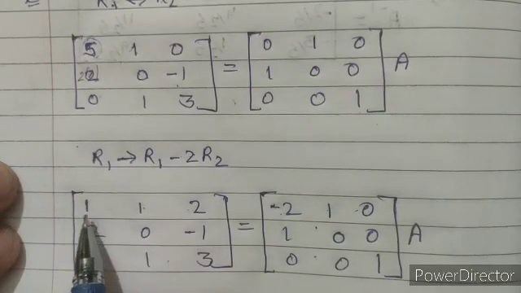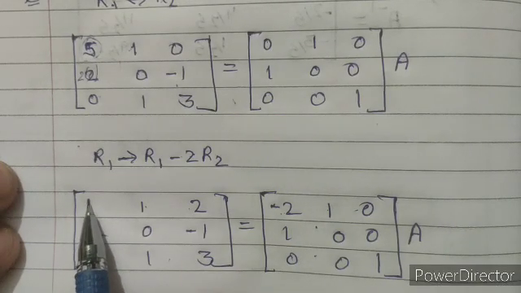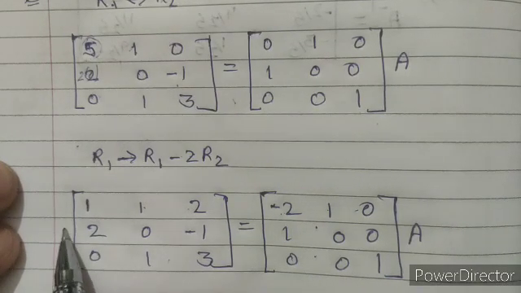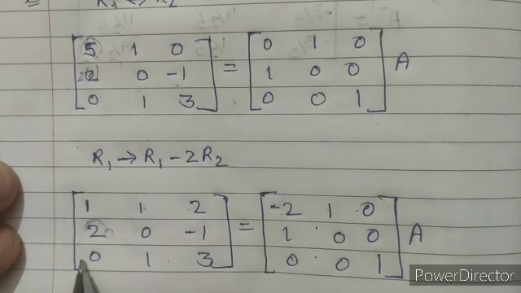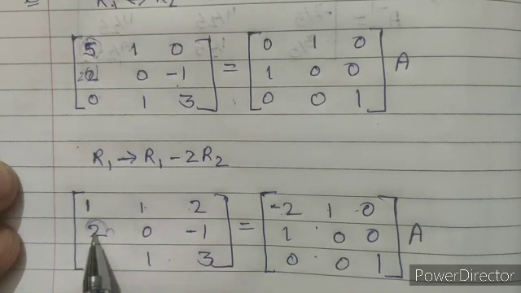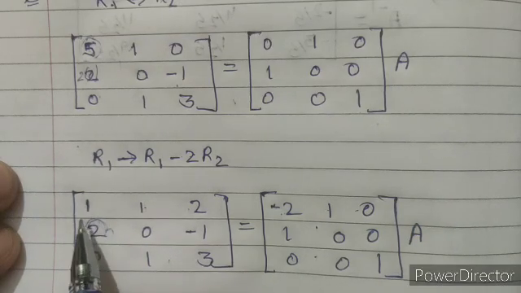Now after converting the first element of first row, we have to convert the first element of second row, that is 2 here, and in place of 2 we need 0 in order to make it an identity matrix. Now 2 minus 2 will be 0. That means 2 minus 2 into 1 will give us 0.